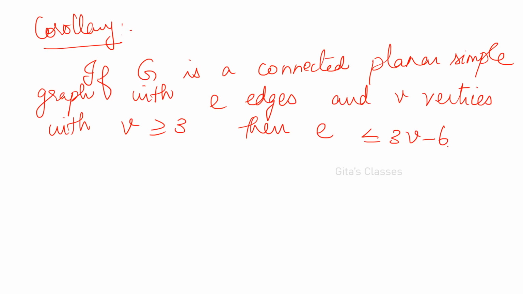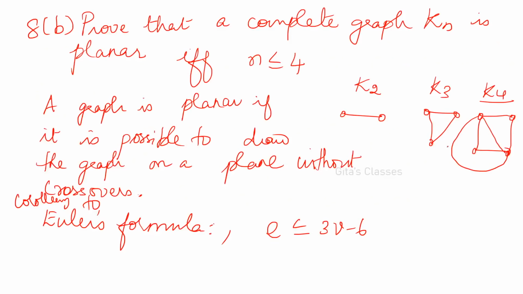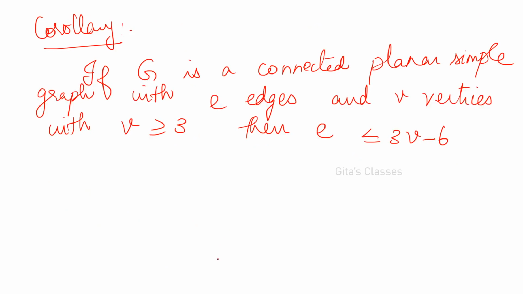Euler's formula says that if you have a connected graph, then V minus E plus R is equal to 2. This is the formula, and this is a corollary to the formula. Using this, you can prove it if you consider K5. I'll show you what K5 is.